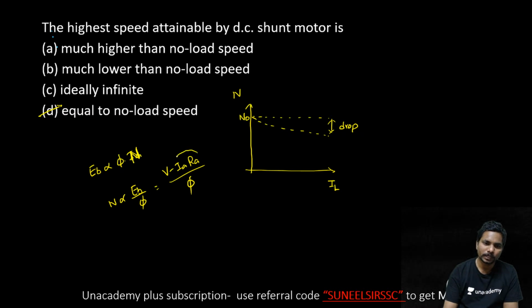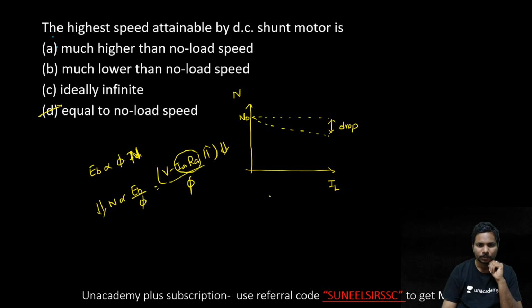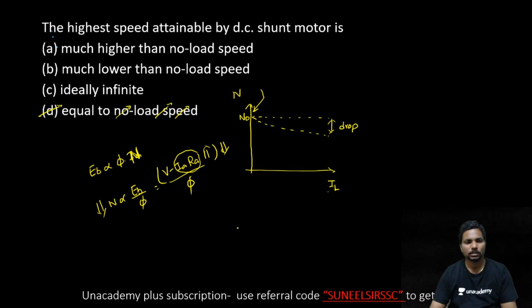If the load current increases, Ia also increases, so this drop increases. As this negative part increases, the total part decreases and the speed falls a little bit. So the highest speed is obtained at no load only. As the load increases, speed decreases a little bit. So the highest attainable speed is equal to the no load speed. Very good, Saurabh.